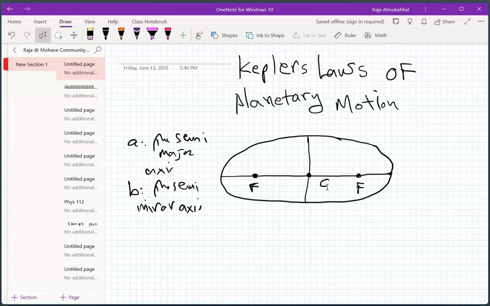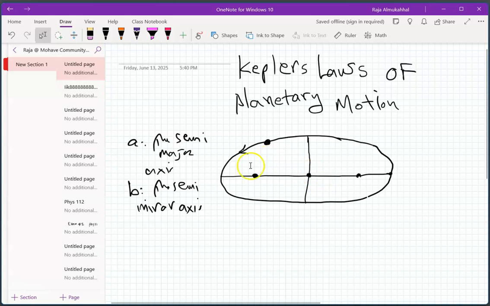So what Kepler's first law basically says is that a planet, let's say our Earth, or maybe the moon around the Earth, something orbits something else. Here is the Earth, for example, moving around the sun such that the sun is located at one of its foci, right here.